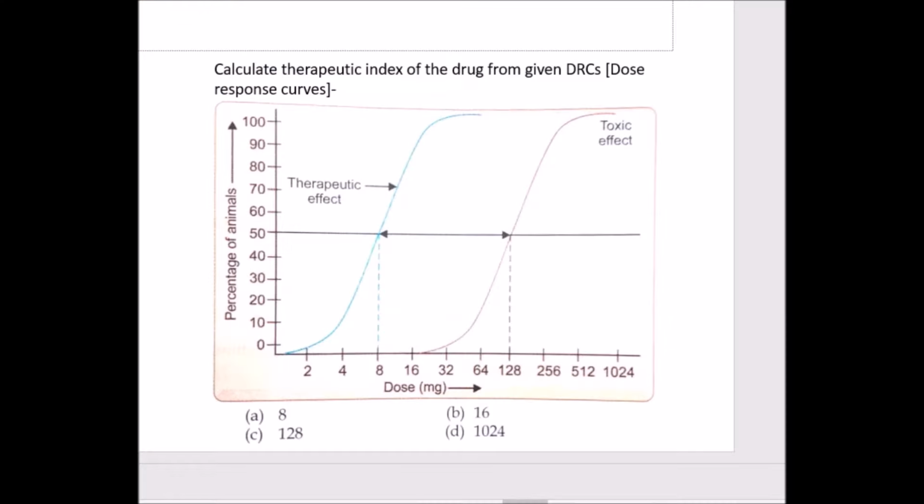Since toxic effects are a different type of effect, we need a new graph to study these effects. So in the second DRC, toxic effects of the drug have been shown. And here we can see that the median toxic dose, that is the dose which is causing a particular toxicity in 50% of the experimental population or animals, is 128 mg.